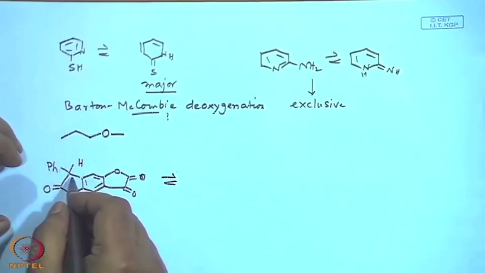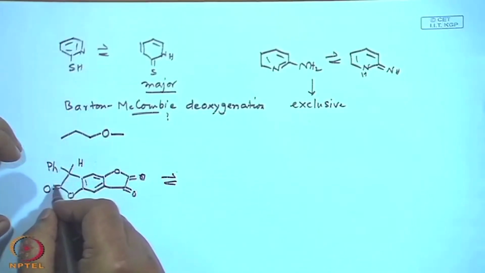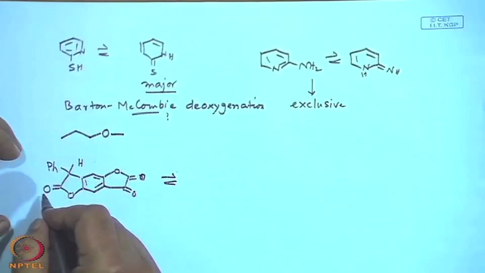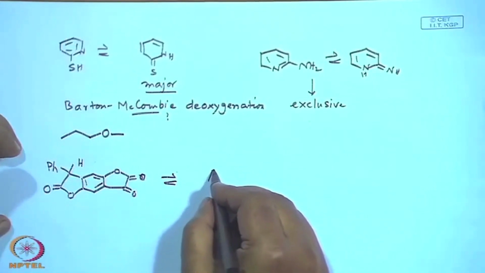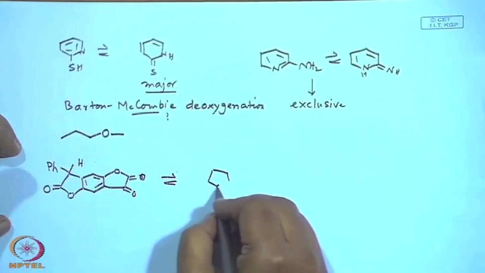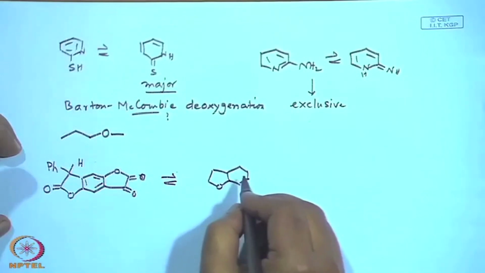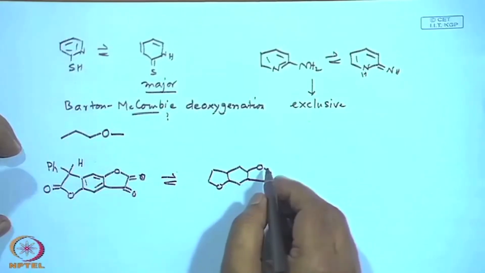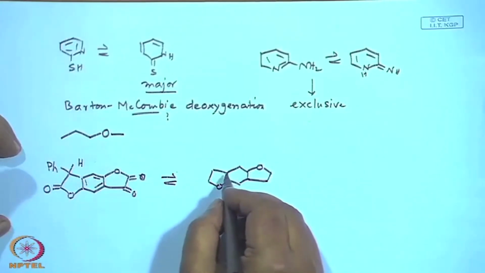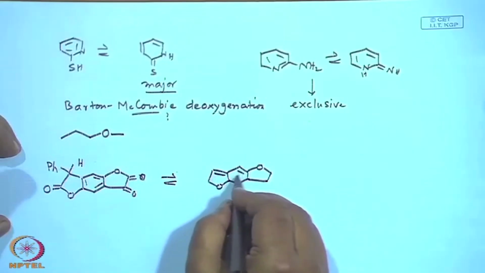So one can assume that there is a tautomerization in this direction, right, but it has been eventually established again through UV study that the enolization actually breaks the aromaticity.